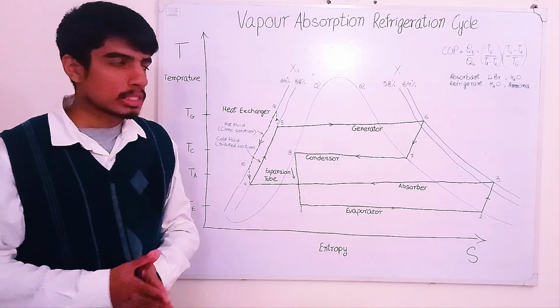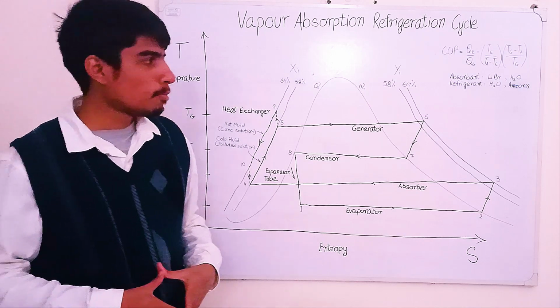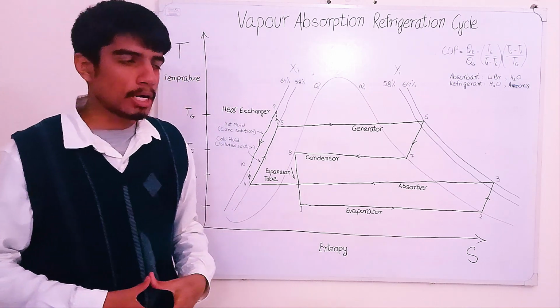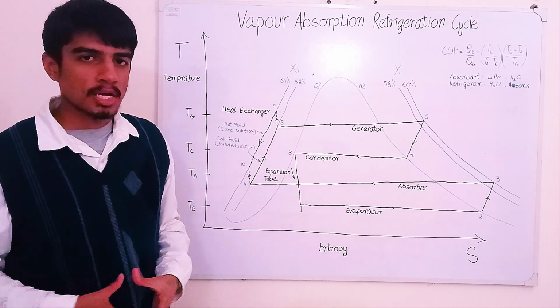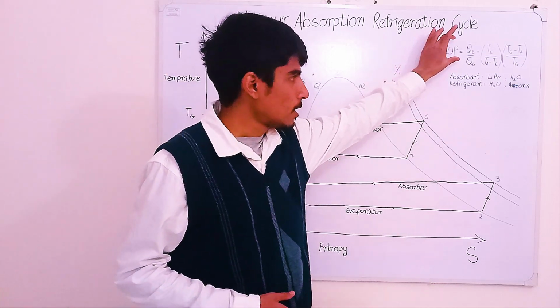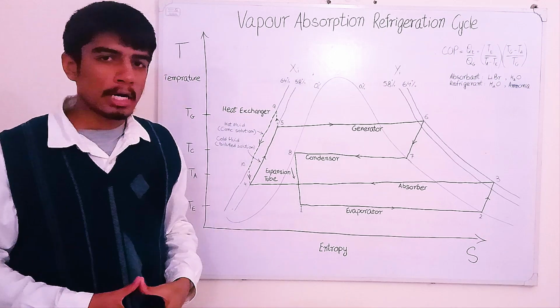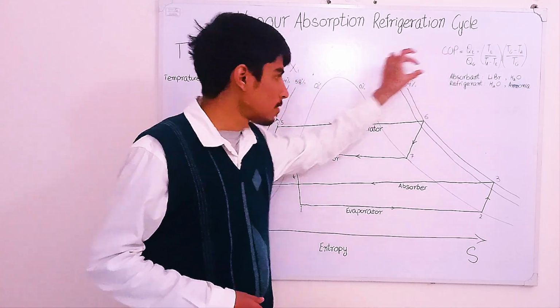Coefficient of performance is a parameter which is used to show the performance of any equipment. So for the case of the vapor absorption refrigeration cycle, we can calculate the coefficient of performance by taking the thermal kilowatt of the evaporator as our output and the thermal kilowatt of the generator as our input.